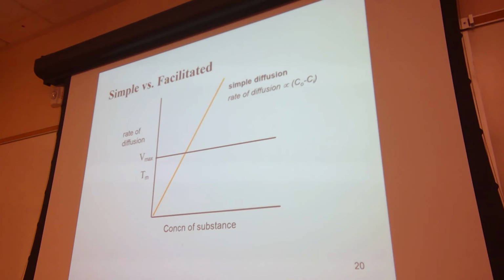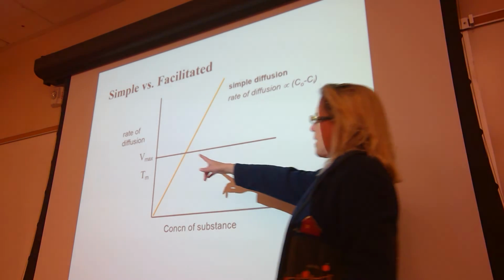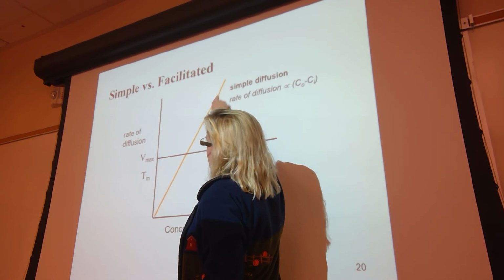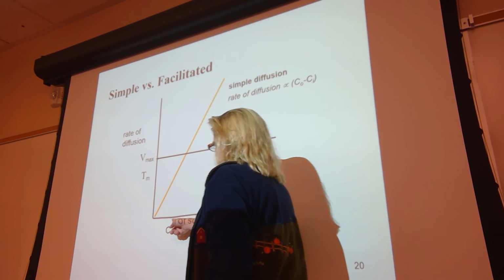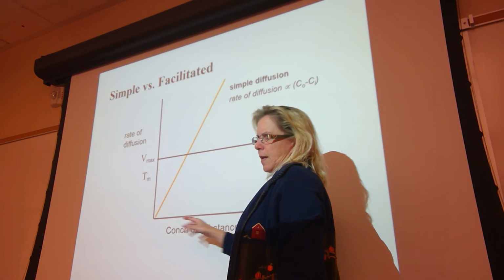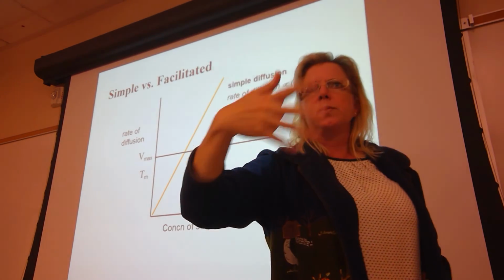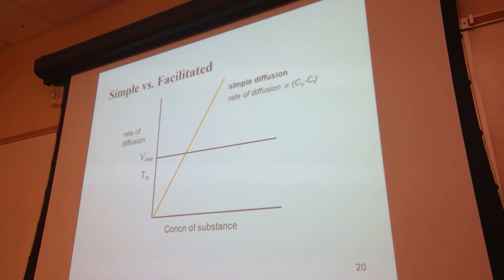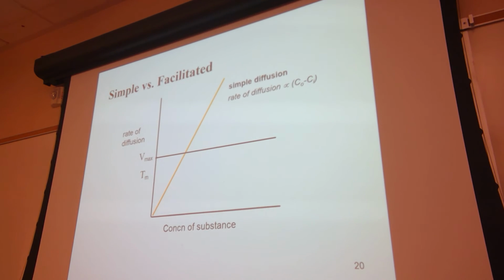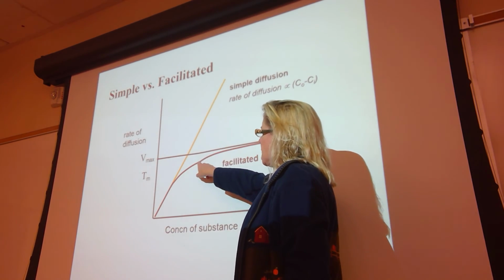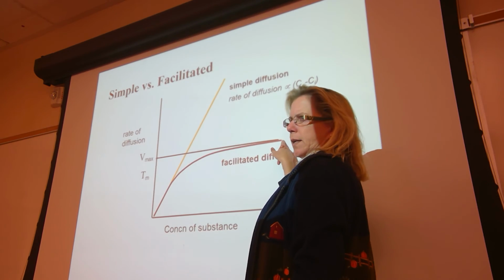So velocity maximum refers to processes that have simple diffusion. The greater the concentration gradient, if they have permeability, the faster they move. That's the boys with the perfume example. But if you have facilitated diffusion, the ability to move the solutes becomes saturated.